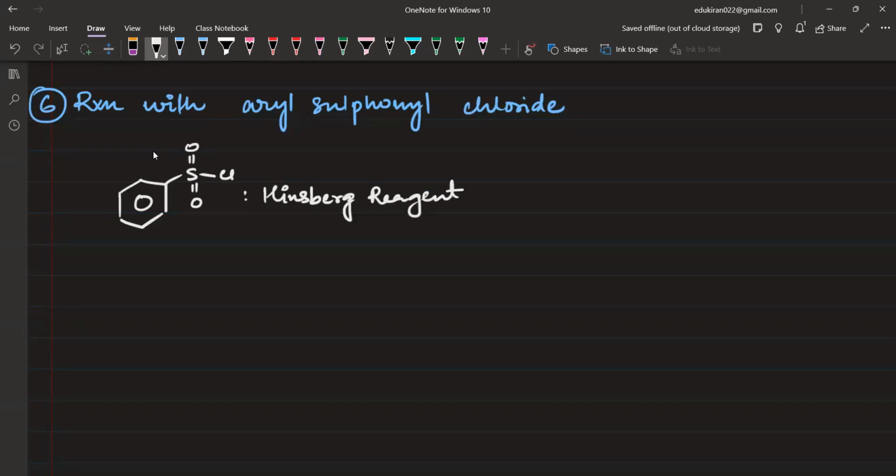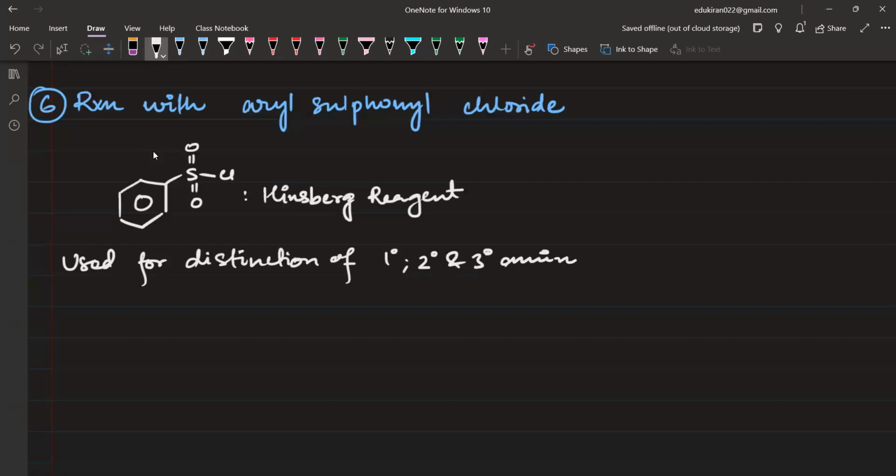And this Hinsberg reagent is quite important because it is used for distinction of 1 degree, 2 degree, and 3 degree amines. So how do we distinguish it?